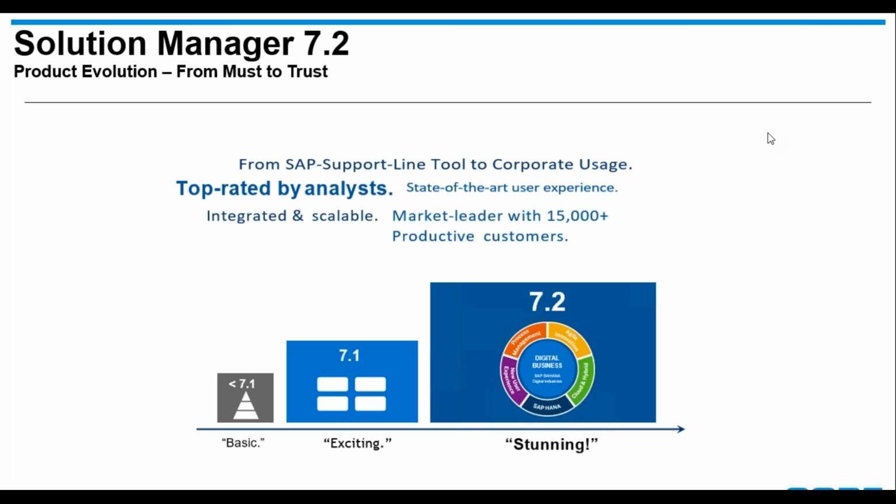So here's the big deal. Things have really changed for Solution Manager 7.2. Before 7.1, way back a long time ago, Solution Manager's been here for quite some time. But there's been issues of architecture.